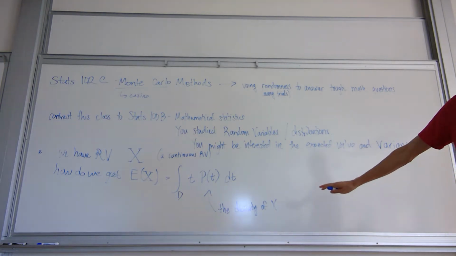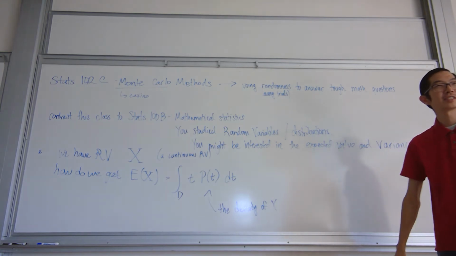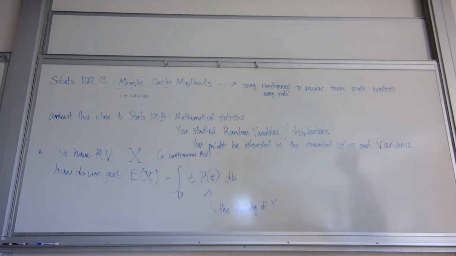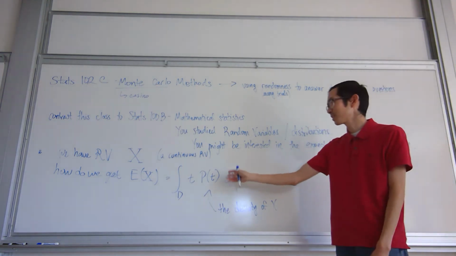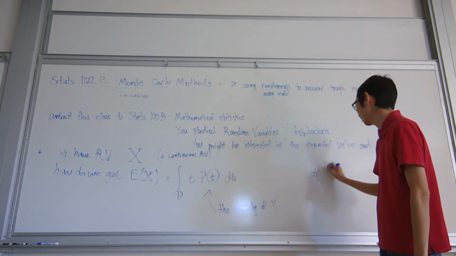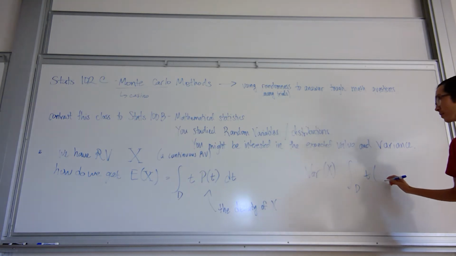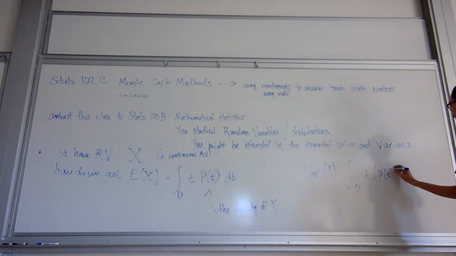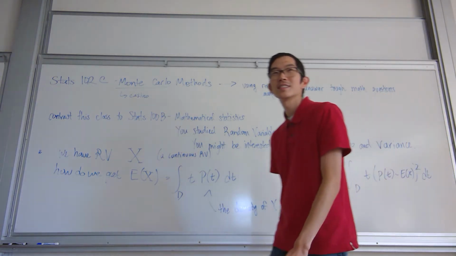Okay, and this is what we did in 100B. And then with the variance, what did we do? You had to do this minus the expected value of... the variance of x would have been, right, something like that, I think.